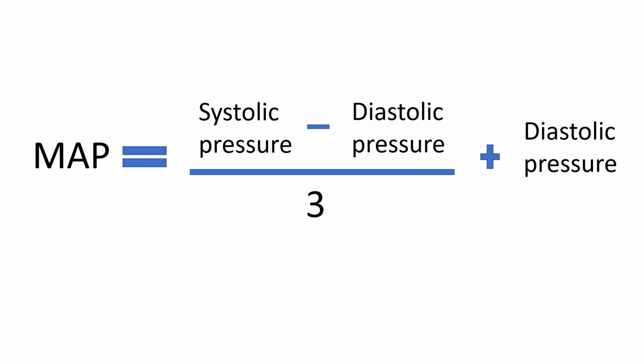You may remember that the equation for mean arterial pressure is a third of the difference between the systolic blood pressure and the diastolic blood pressure added to the diastolic blood pressure. From now on in this talk, if we refer to blood pressure, we are actually referring to mean arterial pressure, because that is what determines blood flow.